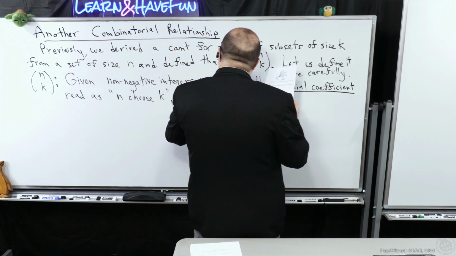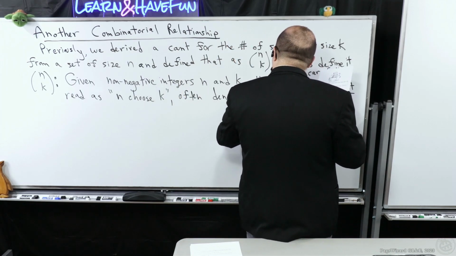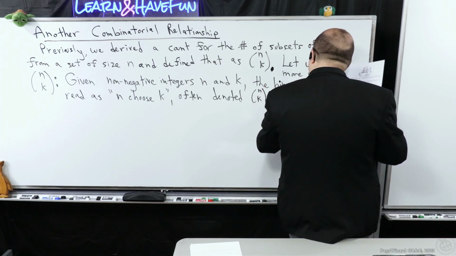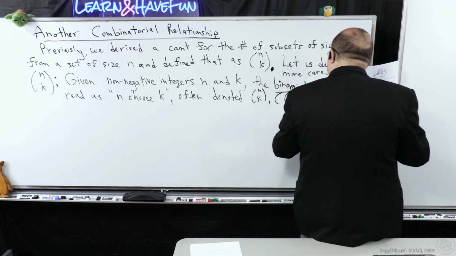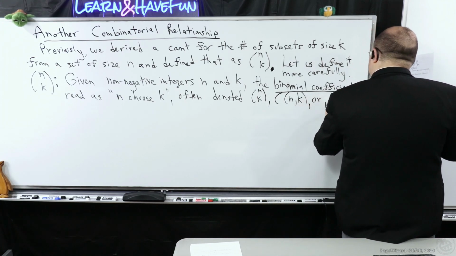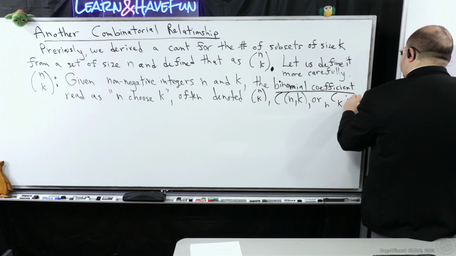As we already stated, it's often denoted with this choose-based notation. It's also written as C with parameters n and k, or sometimes it's even written with subscripts n and k on a big C.